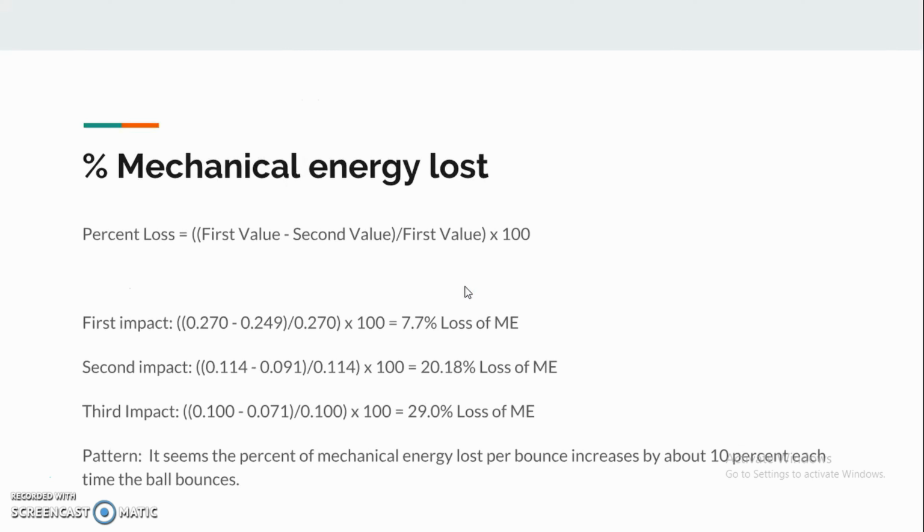The pattern that is shown in the data is that there is about a 10% increase in percent lost every single rebound of the ball. So the final percent lost is about 30% of the mechanical energy.